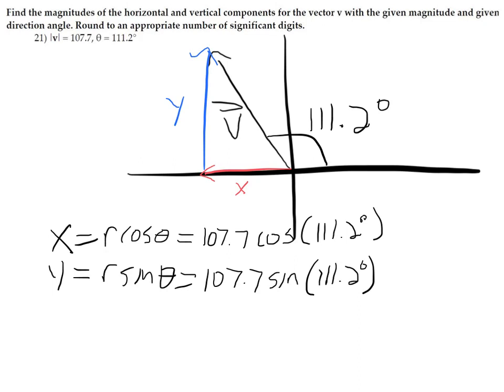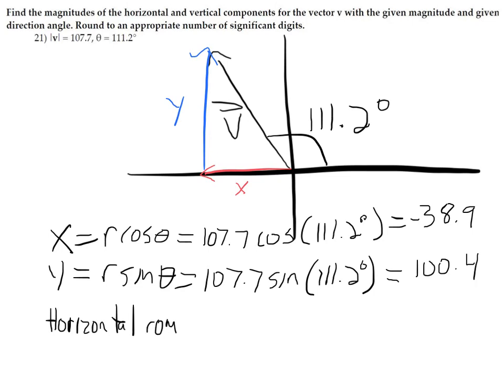Now going to one decimal place, go to your calculator and compute it, and you should get negative 38.9 and 100.4. So these are the horizontal and vertical components. And you could write the horizontal component. This depends on your book, the notation, but you could just say the horizontal component.